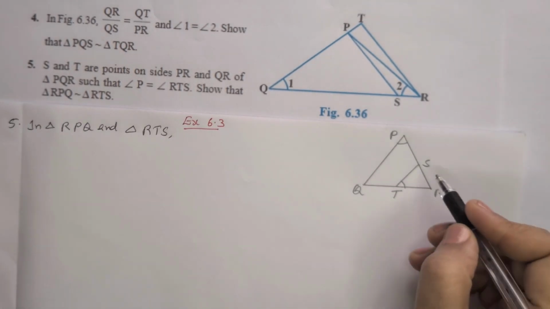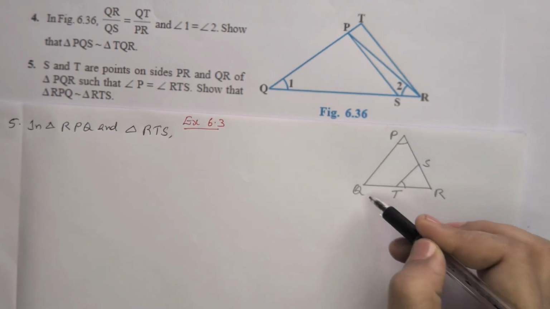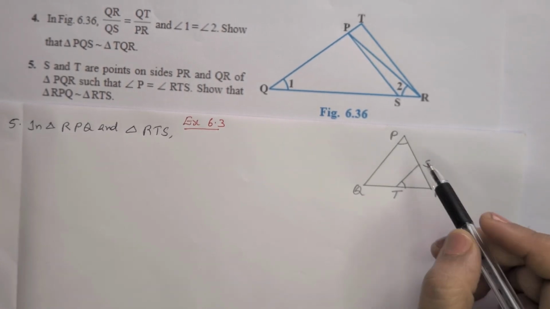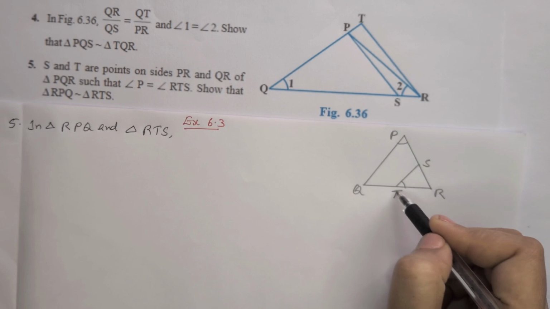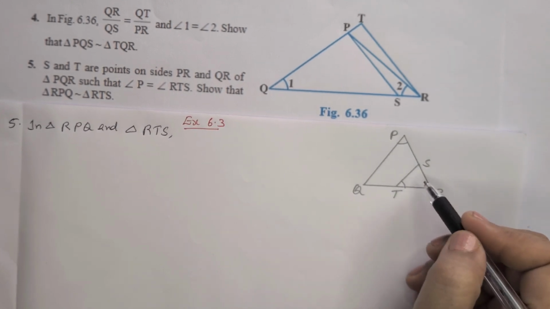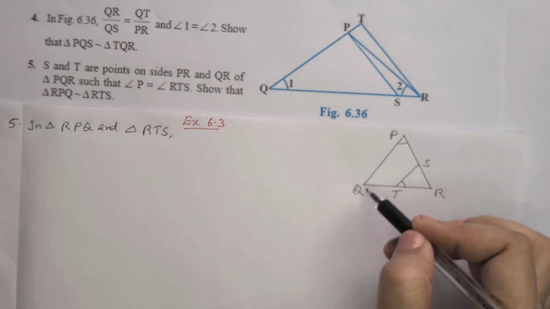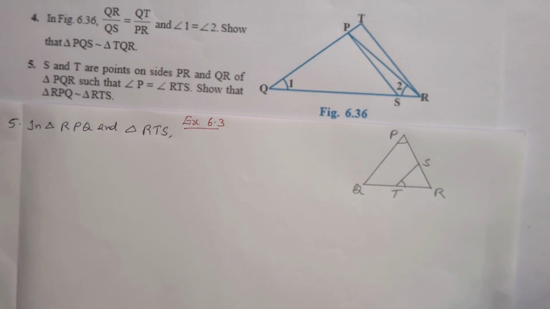Question 5. S and T are points on sides PR and QR of triangle PQR such that angle P is equal to angle RTS. Show that triangle RPQ is similar to triangle RTS.